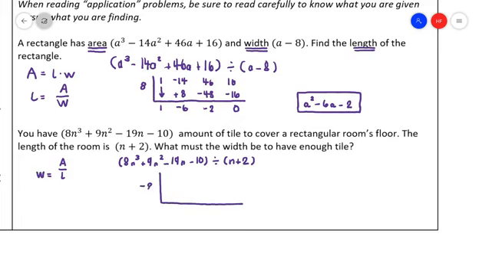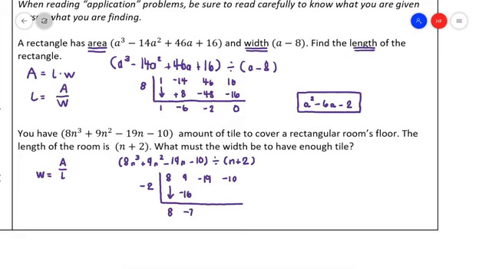Take the opposite, and then look at my powers, make sure they're all there. 3, 2, 1, constant, perfect. Take out their coefficients, 8, 9, negative 19, negative 10. Bring down that first number, multiply, we get negative 16. 9 minus 16 is negative 7.